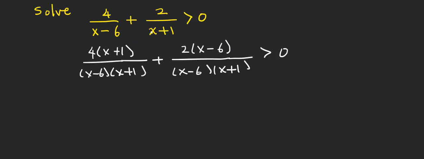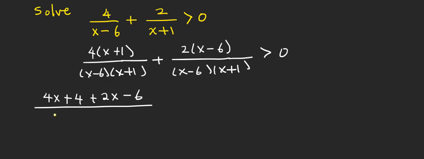If you forgot how to add and subtract rational fractions, this is a good time to review before you go on. Now let's combine by distributing 4 and 2. You're going to get 4x plus 4 plus 2x minus 6 all over x minus 6, x plus 1.